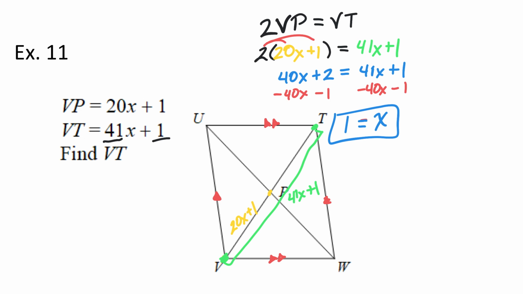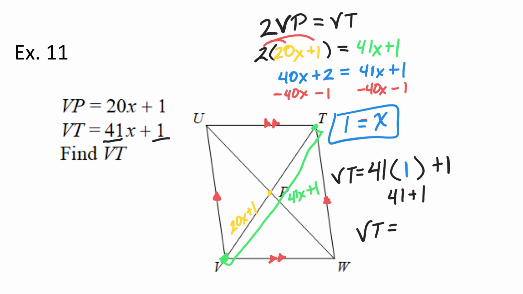They asked me for VT. And VT had a measurement of 41x plus 1. We just established the variable x is worth 1, so VT equals 41 plus 1.